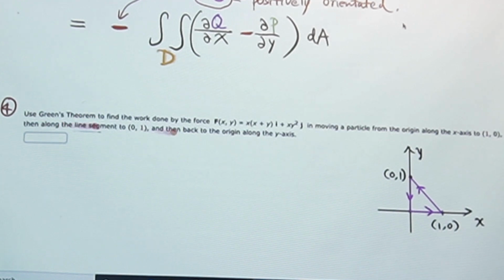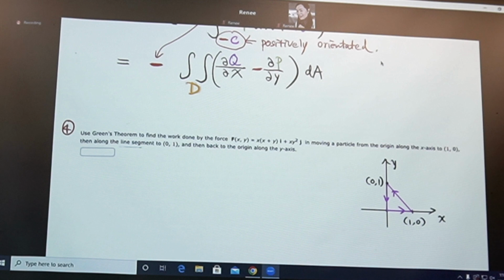Use Green's theorem to find the work done by the force F of x, y equal to x times (x plus y) i plus x y squared j in moving a particle from the origin along the x-axis to (1, 0), then along the line to (0, 1), and then back to the origin along the y-axis. Okay, very good. Thank you.